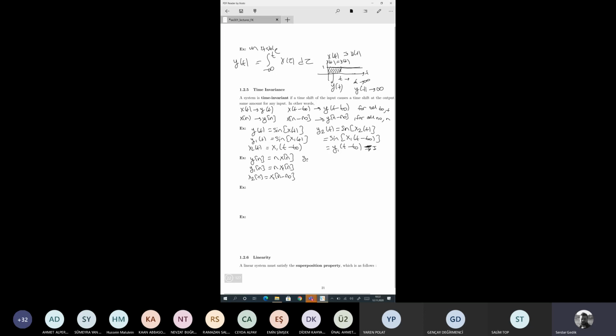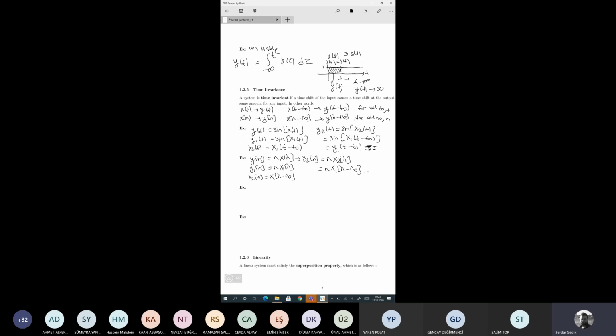Then I will find y2 of n, which is n times x2 of n. Simple, I'm just using this definition. So instead of x2 of n, now I'm putting x1 of n minus n0.